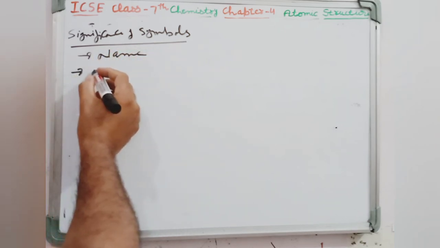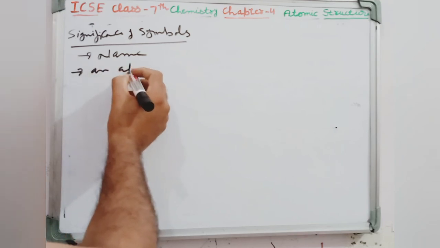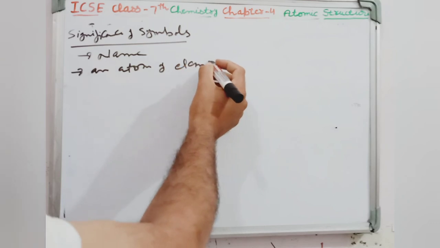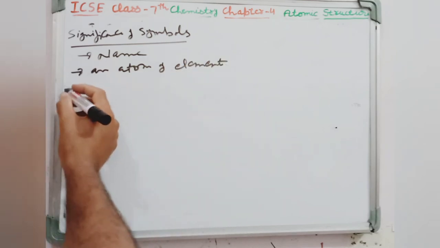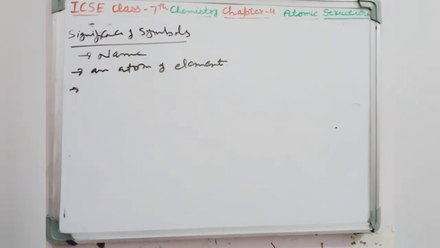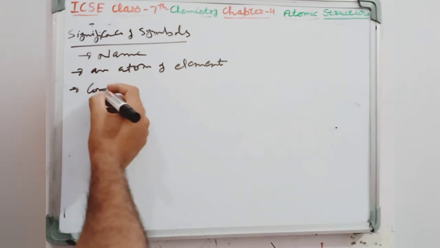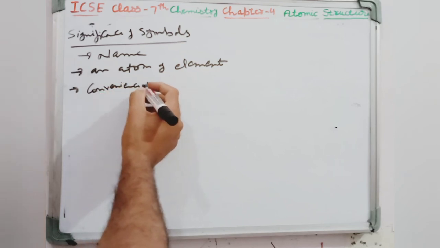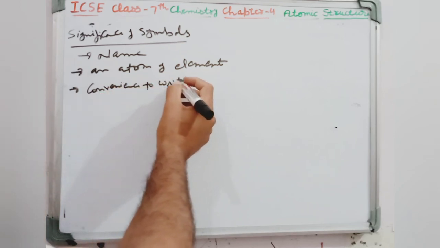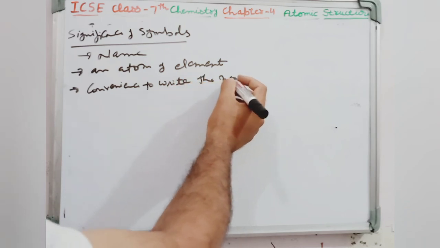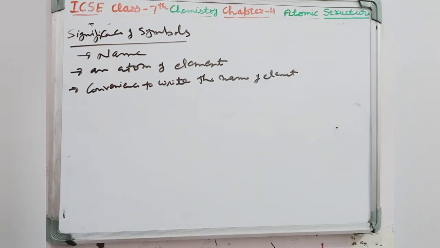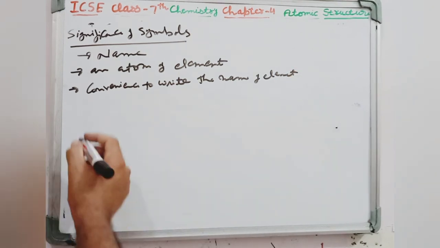Second, they show an atom of the element. Third, convenience: to write the name of an element, instead of writing the full name, we can write the symbol only.